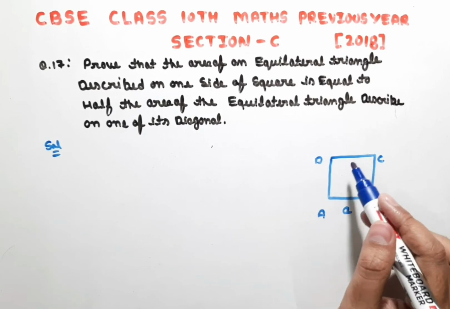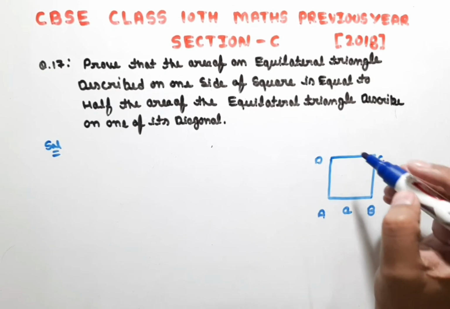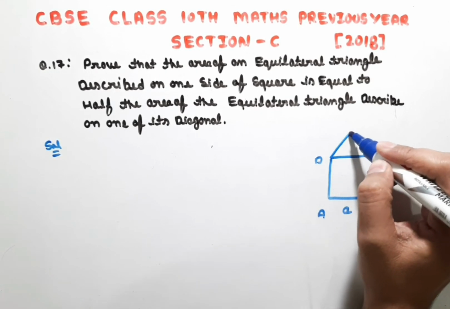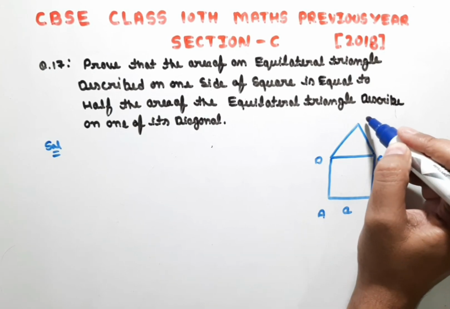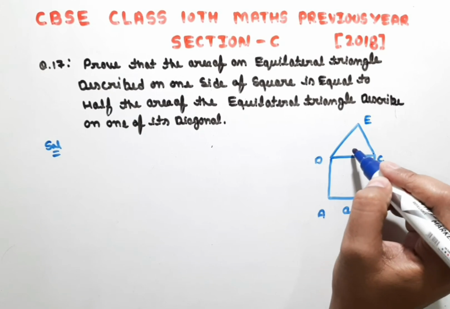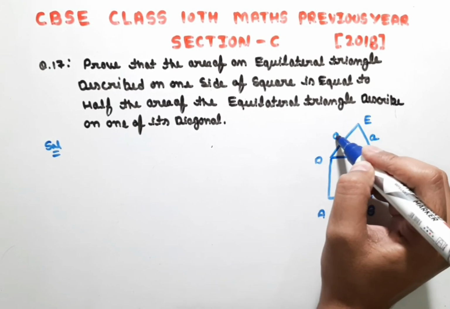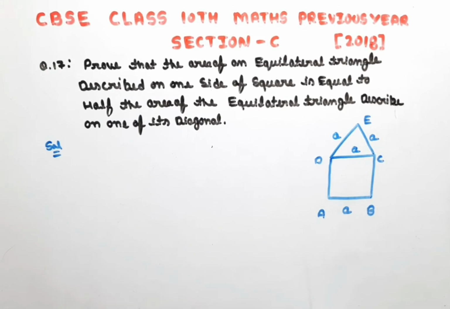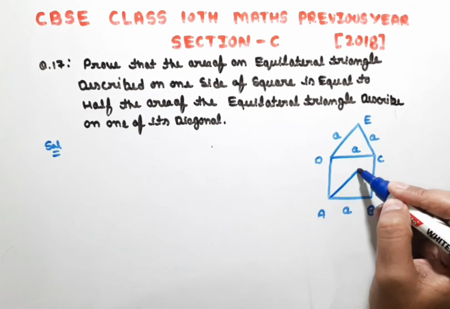On one side of this square, an equilateral triangle is described. Let this be an equilateral triangle DCE. So sides of this equilateral triangle will be A, A and A. And there is another equilateral triangle which is described on one of its diagonal.